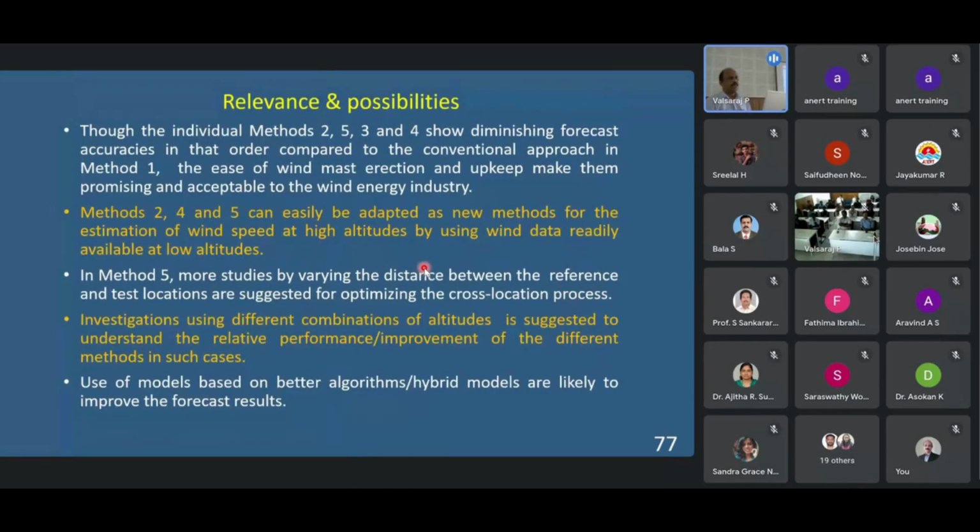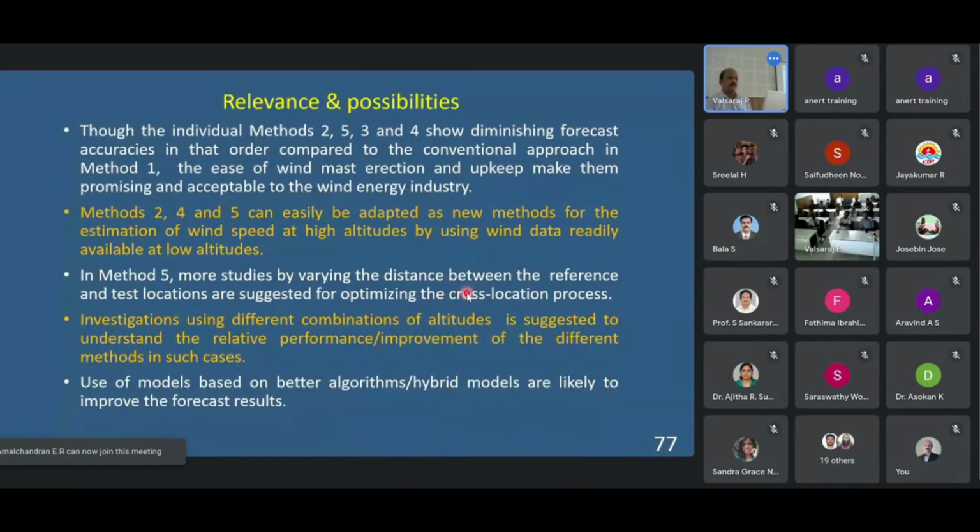And the relevance of this I told you. The forecast accuracies are coming down. Engineering friendliness, the ease with which the mast can be installed and maintained, is good. Of course, this can be used for wind speed assessment also. You can adapt it, just one hour prediction, you can take for assessment also.